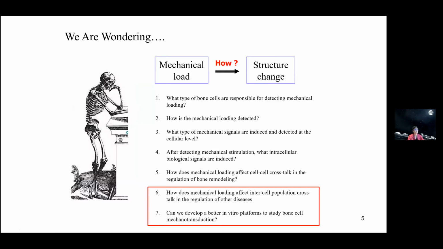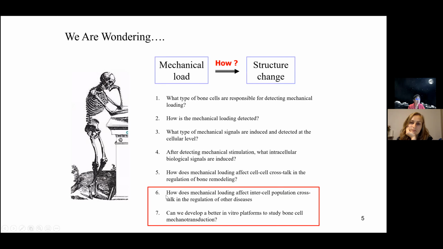So we've been trying to understand how mechanical loading can affect bone structure. There are many questions we've investigated in the past 20 to 30 years. But recently we've been mostly focused on the last two questions, which will be the focus of today's talk.